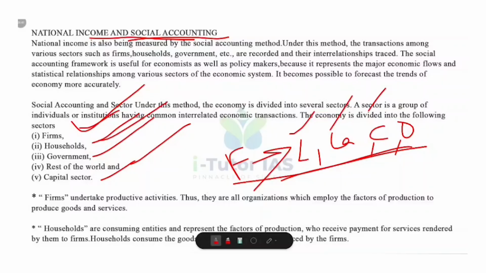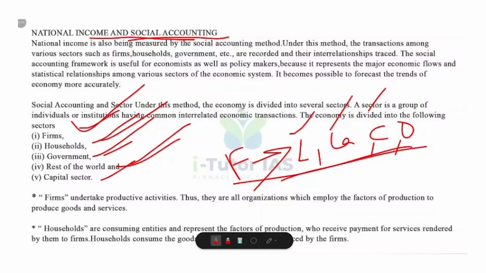Now household is also another sector. Households own the factors of production. They provide labor, capital, land to the firms and they receive income in return, and spend income on goods and services produced by the firms. And what about government? They collect taxes from households and firms and provide public goods, subsidies, pensions and other services. Rest of the world means external sector.